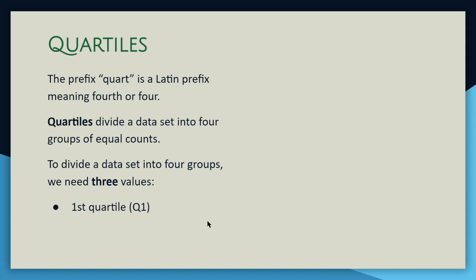The first quartile, sometimes called Q1. The second quartile, which is also called the median, which we're going to talk about later in this series. And you'll see Q2 and MD used interchangeably. Sometimes the median is also called MED. And the third quartile, Q3.